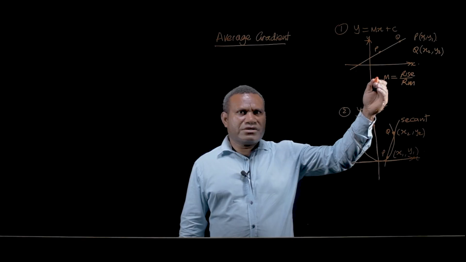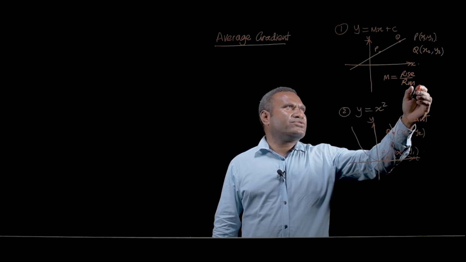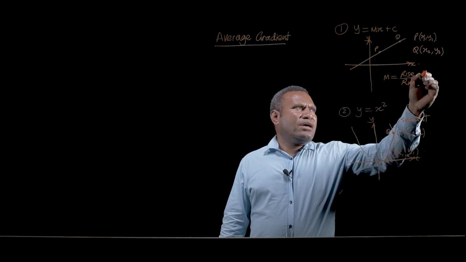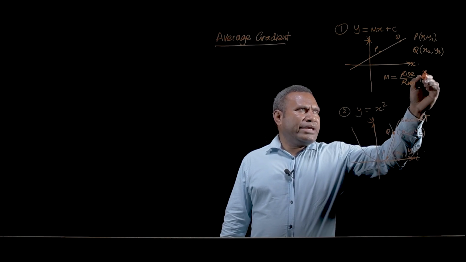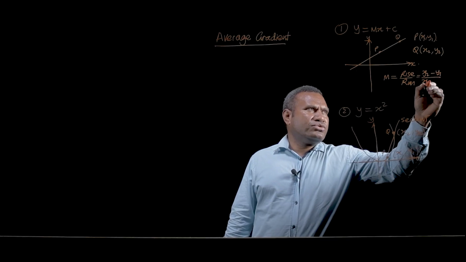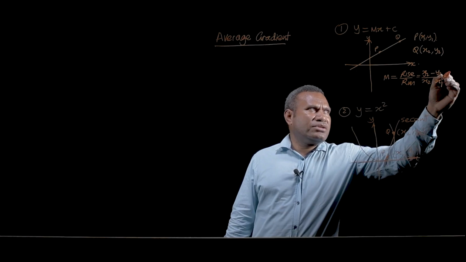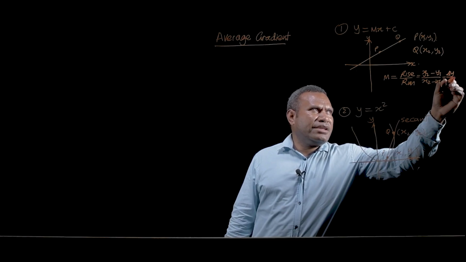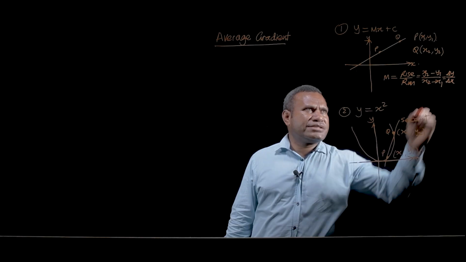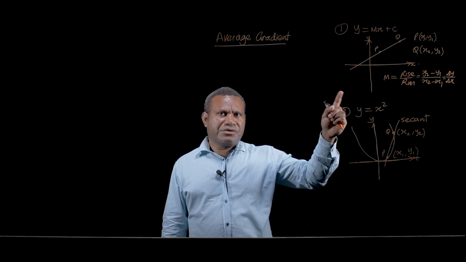Basically, it's the change in y divided by the change in x. So we can say y2 minus y1 divided by x2 minus x1. Right, so this is how we calculate the gradient.